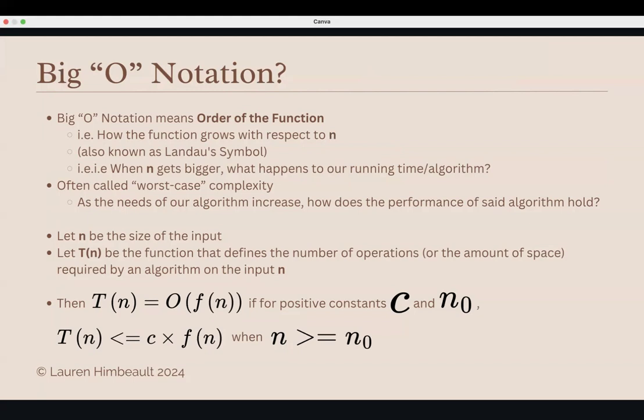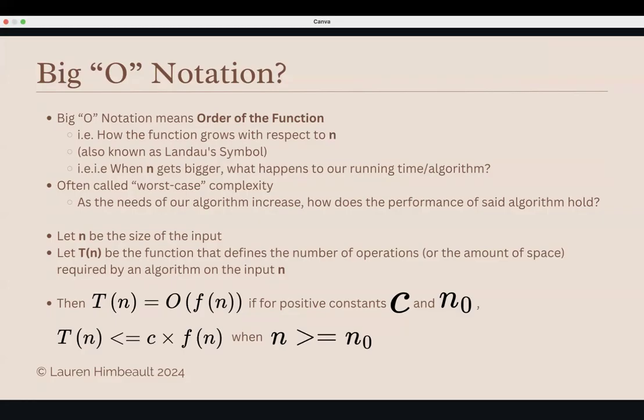We're talking about defining the number of operations, or potentially the amount of space. So it could be a time complexity, it could be a space complexity, and there are a few other things that often get talked about with respect to computer science and analyzing algorithms. How much space it takes up, how long it's going to be, those are the other two.